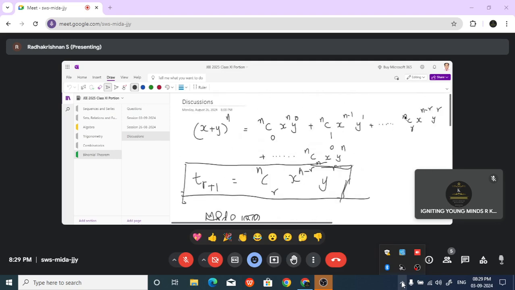What is the last term? nCr into x power n minus r into y power r. Here r goes from 0 to n.